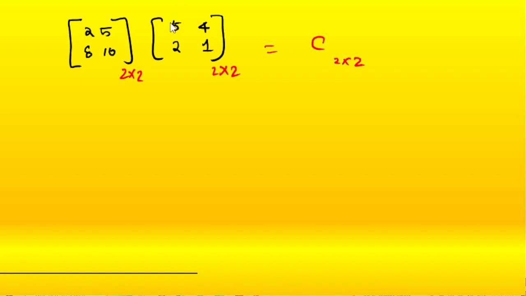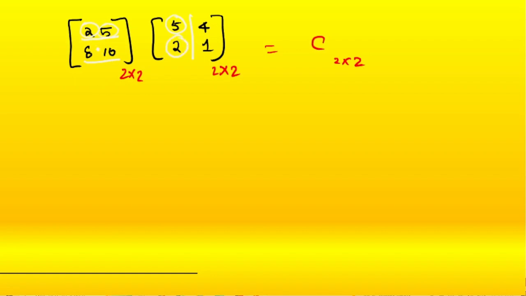Now how to find the answer? The first matrix you split into rows, and the second matrix you split into columns: first row, second row, first column, second column. Multiply the first row's first element with the first column's first element, then the first row's second element with the first column's second element.